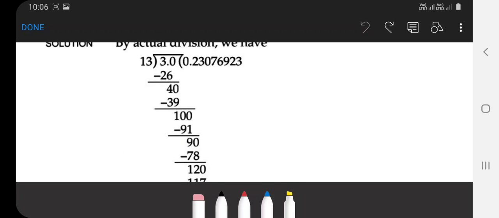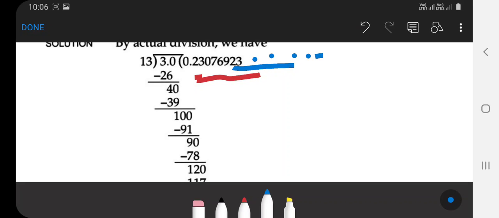So you see that the answer is 0.230769, and again it repeats 2 3 0 7 6 9, and so on. So it is a repeating, non-terminating decimal.